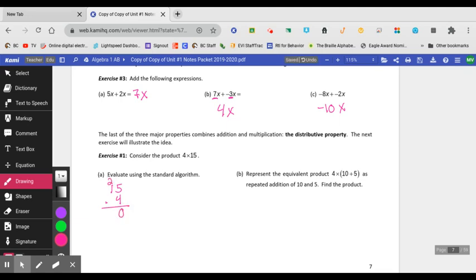Carry the 2. 4 times 1 is 4 plus 2 is 6, so 60. So if we want to use the distributive property, we can break 15 into 10 and 5. So now if we distribute, we do 4 times 10, which is 40, plus 4 times 5, which is 20, which gives us 60.